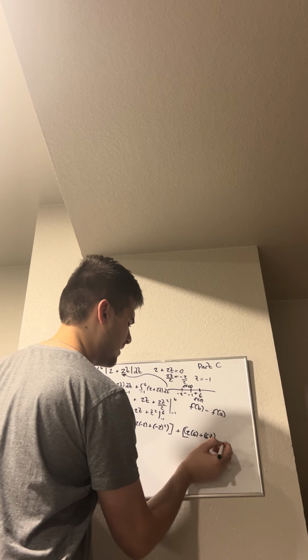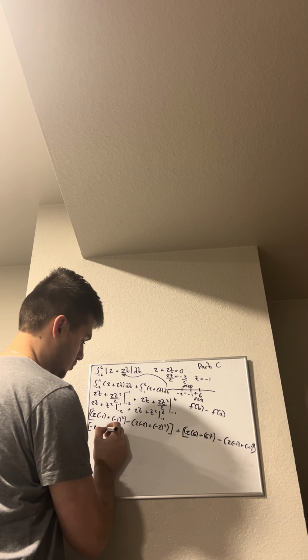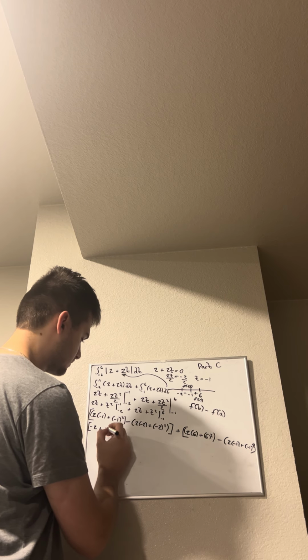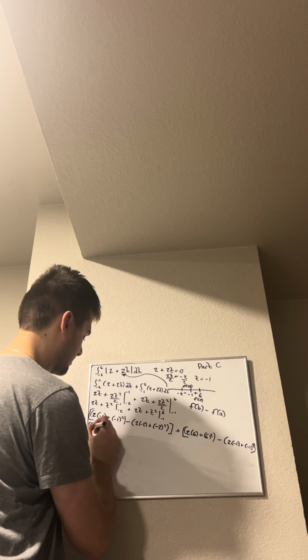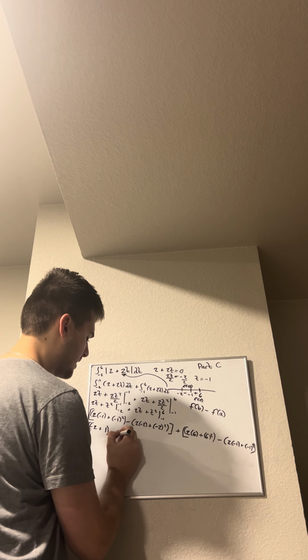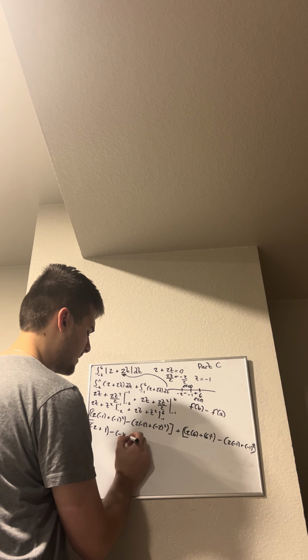In this first expression we have negative 2 plus 1 minus, and we want to put big parentheses just to differentiate between the two, so it would be minus negative 4 plus 4. So we have the first big parentheses done.